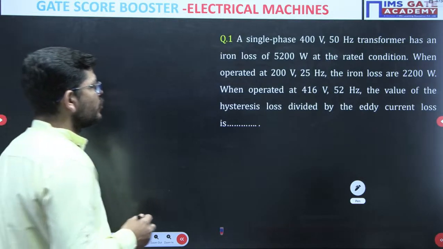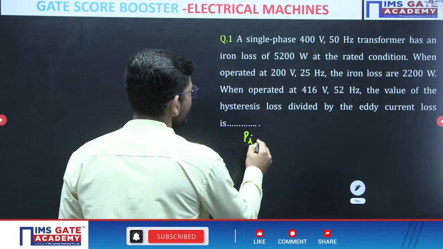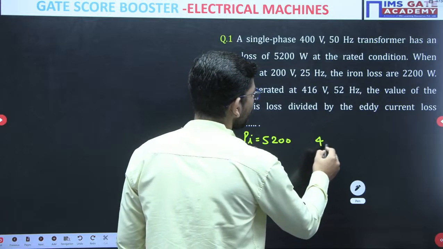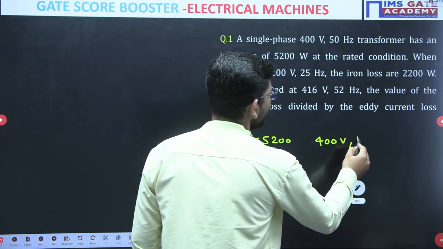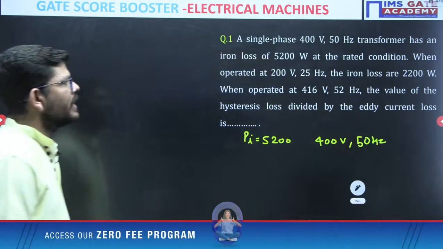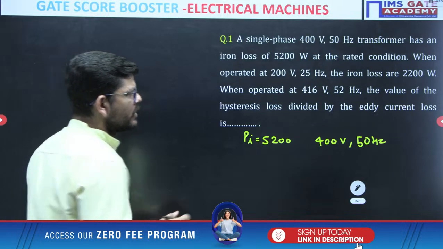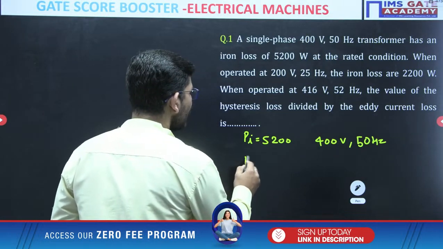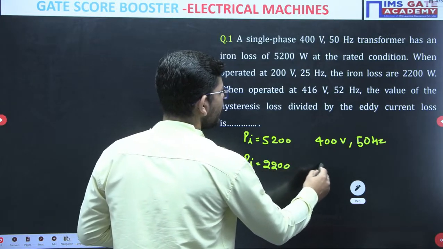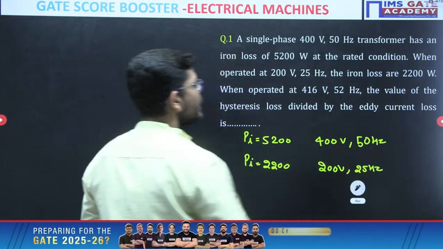So the iron losses are 5200 when the voltage is 400 volt and the frequency is 50 hertz at rated condition. When operated at 200 volt 25 hertz, the iron losses become 2200.